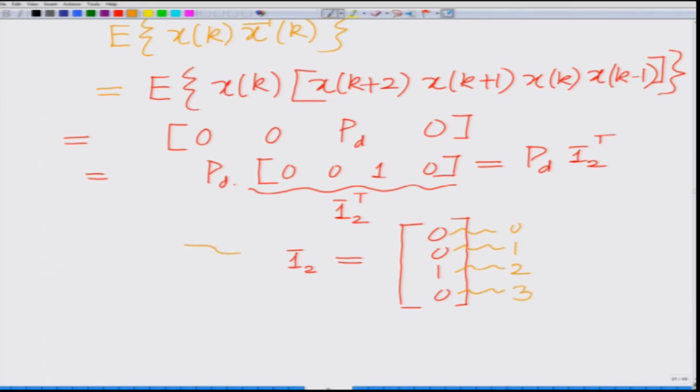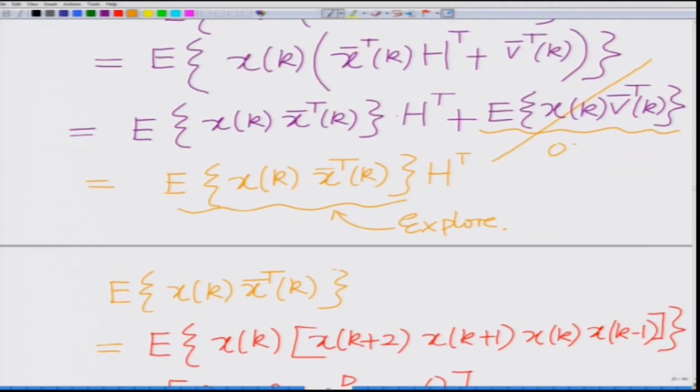So, this vector 1 bar 2 has all zeros except 1 in the second position. Naturally, this will be P d 1 bar 2 transpose times H transpose.